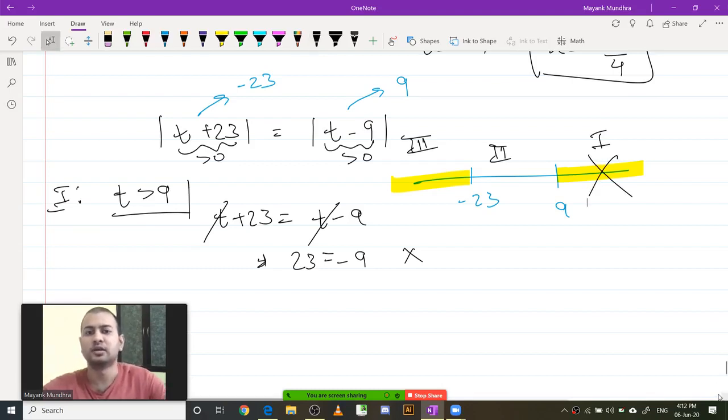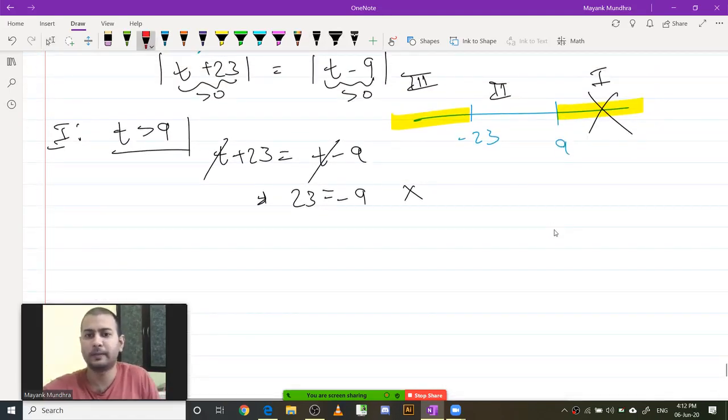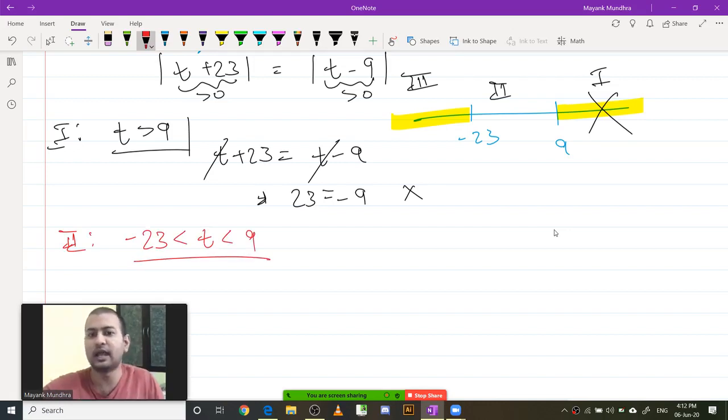Now let's take region 2. Region 2 is minus 23 less than t less than 9. For a t value between minus 23 and 9, this value is going to be negative because t is less than 9, so something less than 9 minus 9 will be negative.